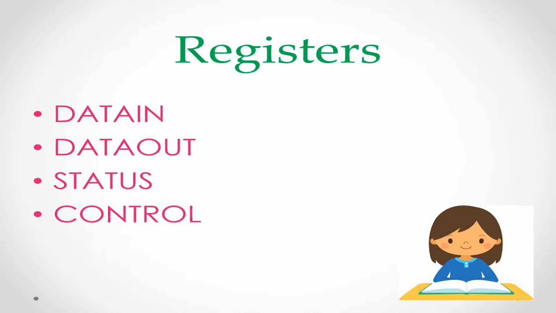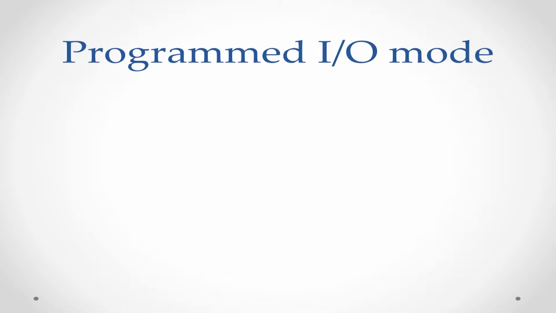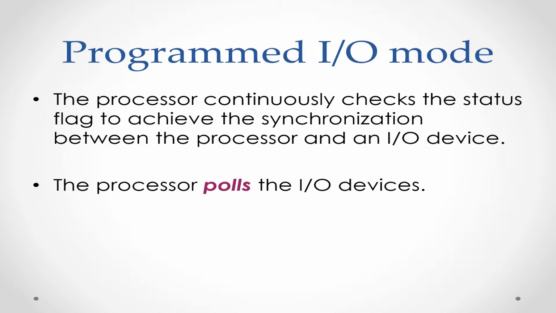A program that reads one line from the keyboard stores that word in the memory buffer and also displays that word on the display. This example explains the programmed input-output mode in which the processor continuously checks a status flag to achieve the synchronization between the processor and an input-output device.